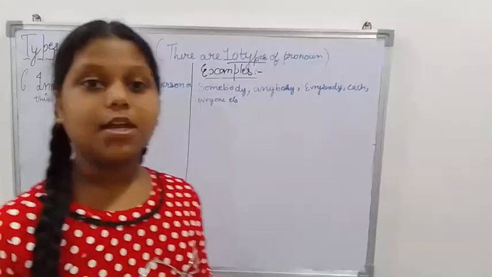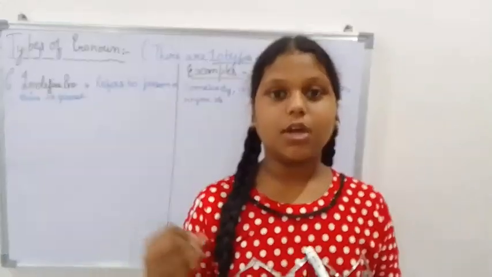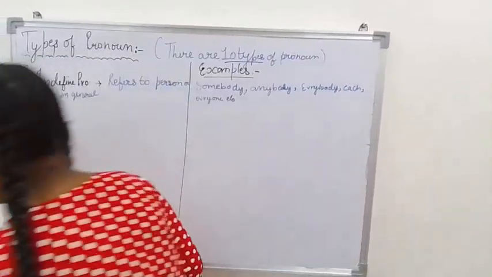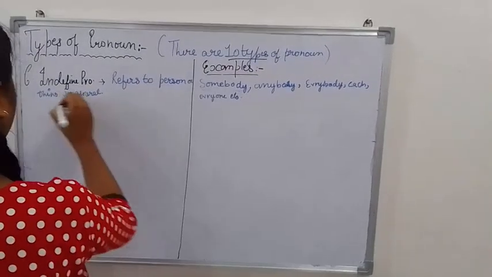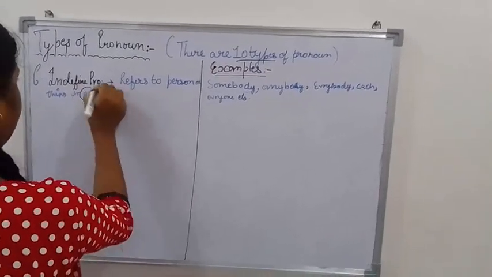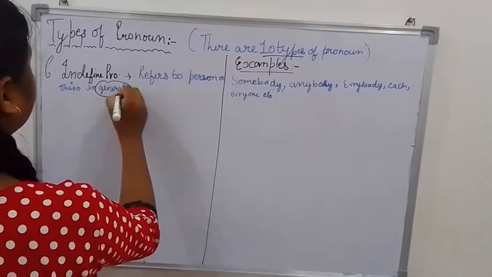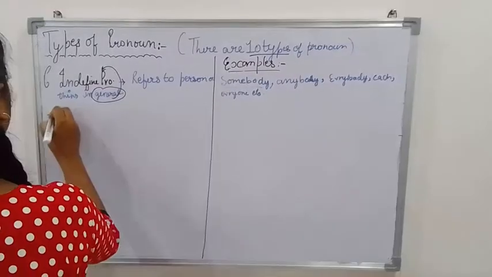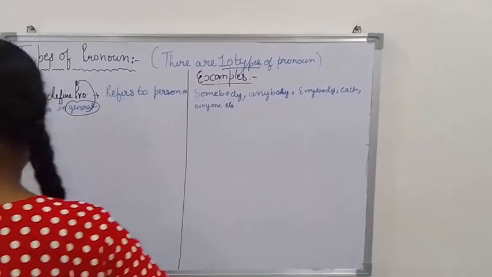Indefinite means referring to a person or a thing in general or in common. The key word for learning indefinite is in general. It refers to a person or a thing in general. General means indefinite. Seventh, which is interrogative.